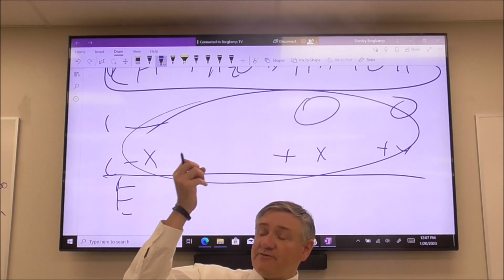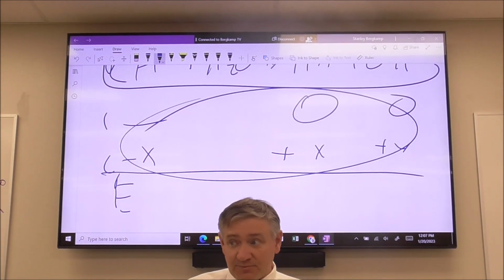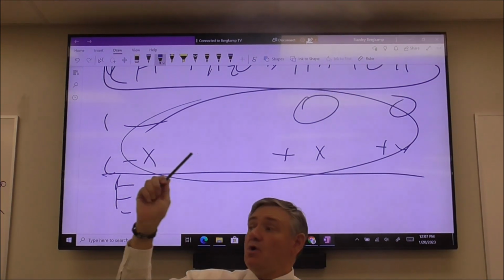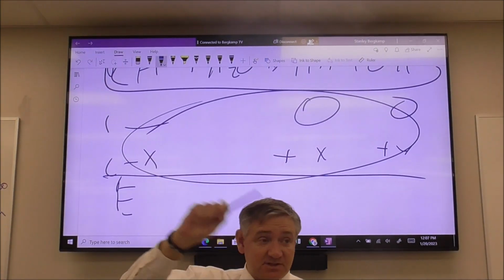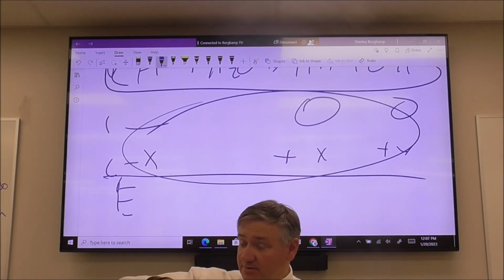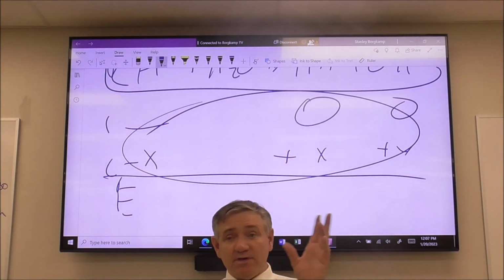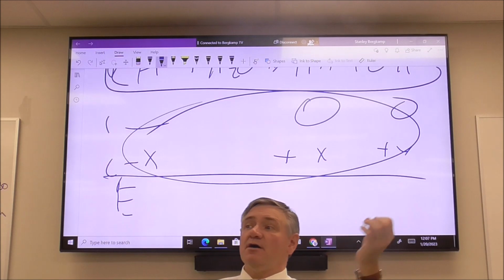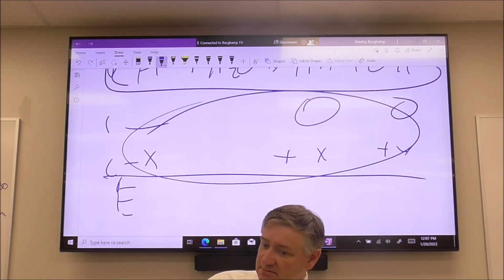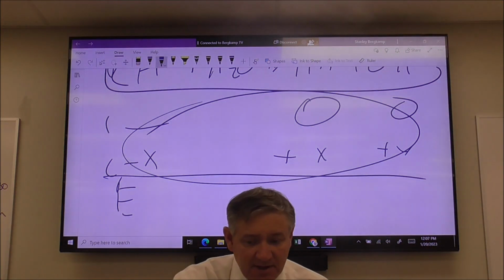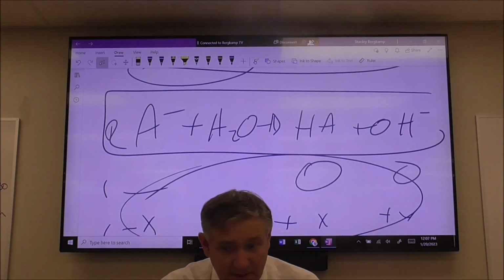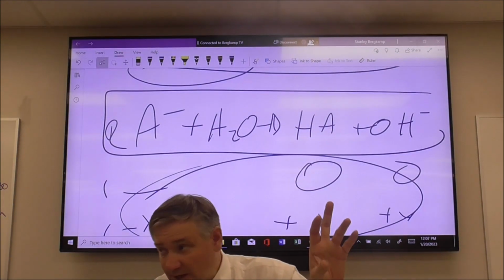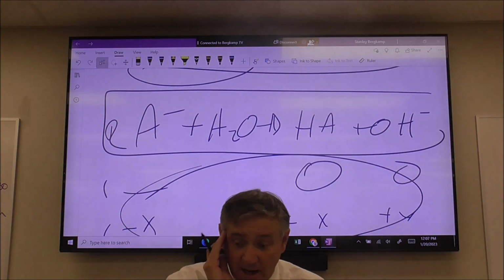So you can have actual weak bases, and there's a list of that either on your equation sheet, or you could just go to the back of the book and find the Kb values. The other way that you can get a weak base is that you pull the anion off of a weak acid, okay? And that's what's happening here. So your weak base can either be an anion, or it can be a molecular form like ammonia, okay?